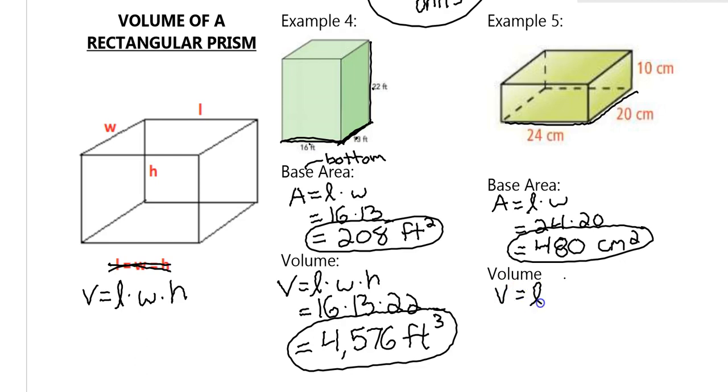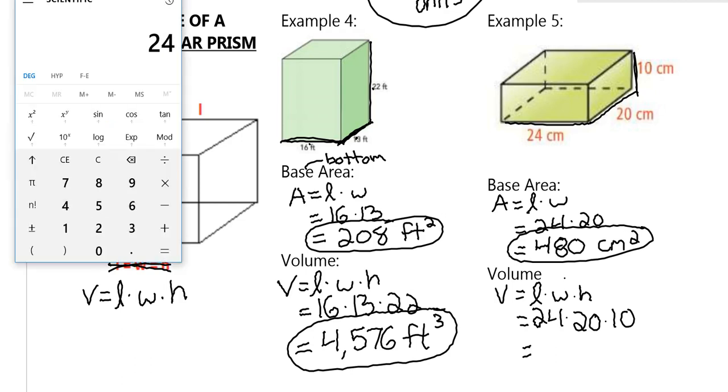Volume equals length times width times height. So our volume is 24, our length and our width, times 20. Now I need to include my height, times 10. 24 times 20 times 10.